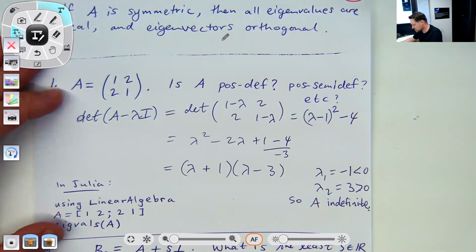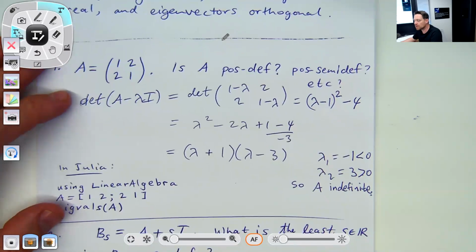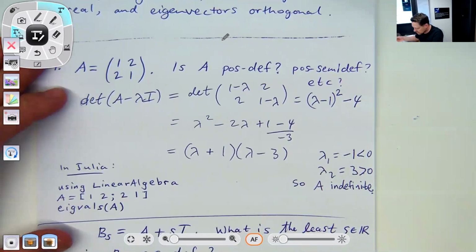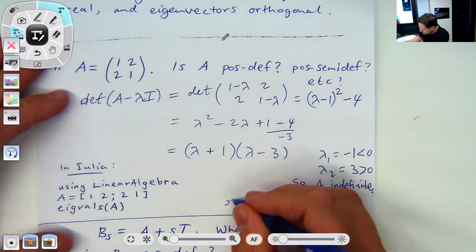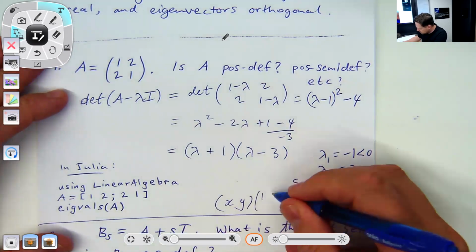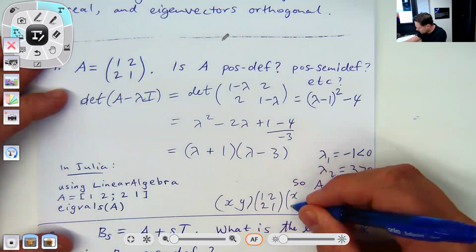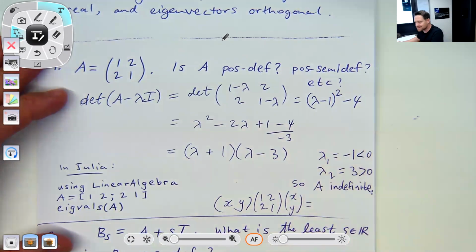All right, so would it help if I calculated the corresponding quadratic form? Possibly, so let's go ahead and do that. So I want x, y multiplied by A, 1, 2, 2, 1, multiplied by x, y. Okay, so I'll just multiply this out.